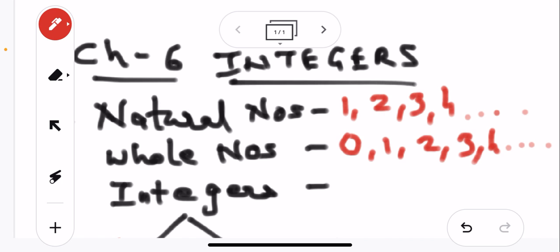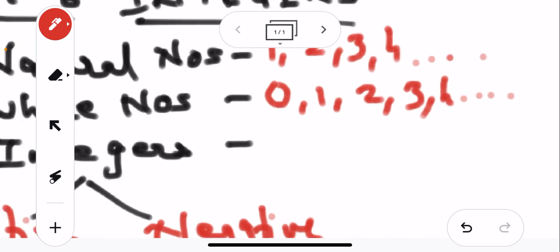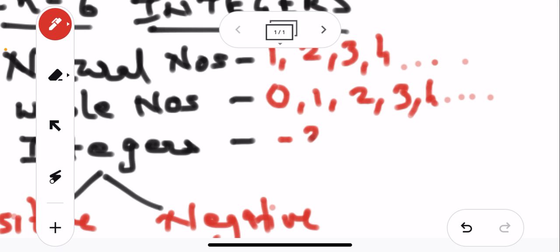What are integers? Integers are the numbers where, along with the whole numbers, we also add negative numbers. So 0, 1, 2, 3, 4 along with -1, -2, they are called integers. Like here, -2, -1, 0, 1, 2, 3.